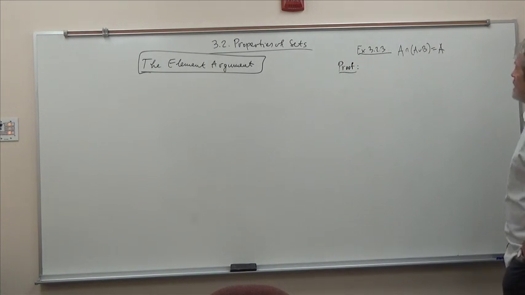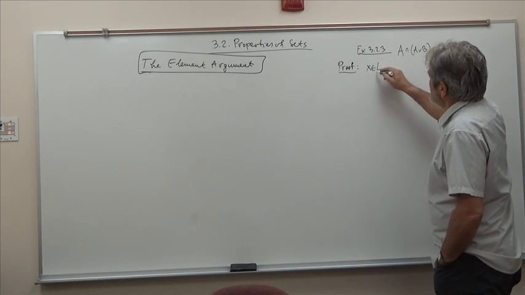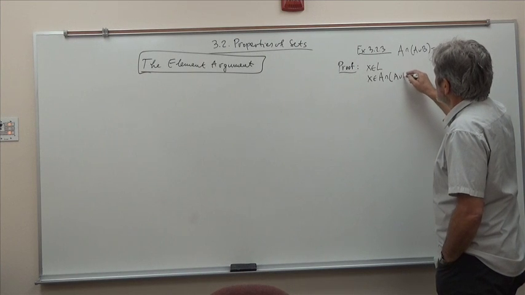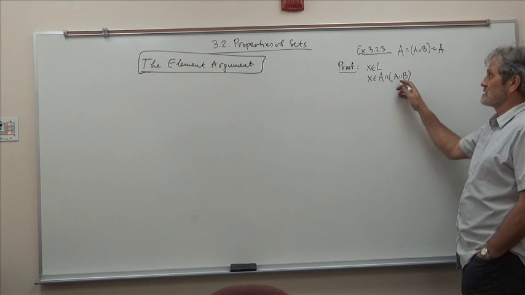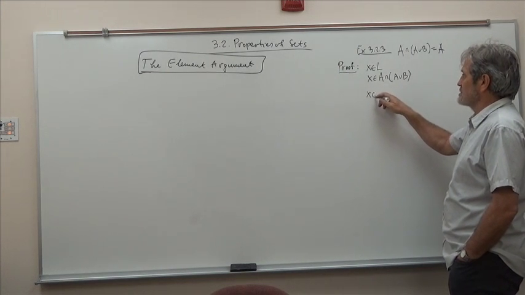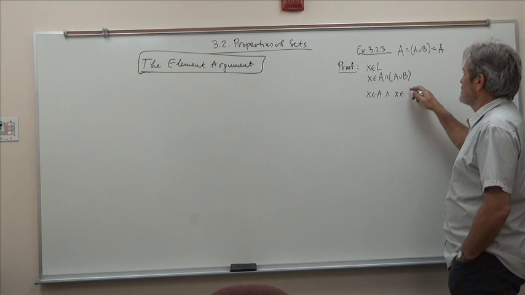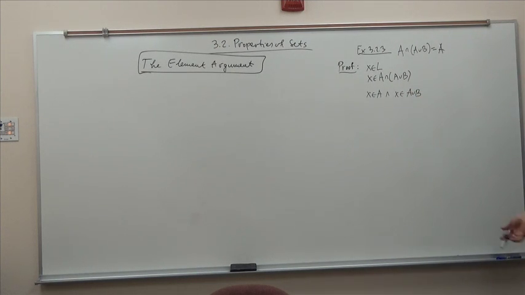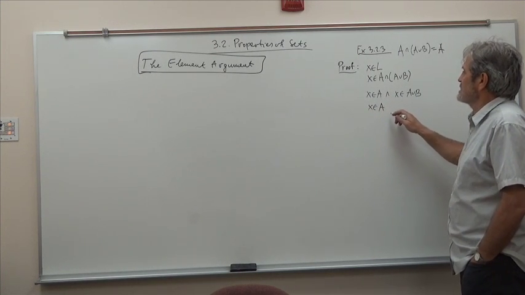Let me assume that x belongs to the left side. That means x belongs to A intersection A union B. Then what happens? If x belongs to the intersection, then I know that x belongs to A and x belongs to A union B. So now I have x belongs to A and I'm done. x belongs to the right side.